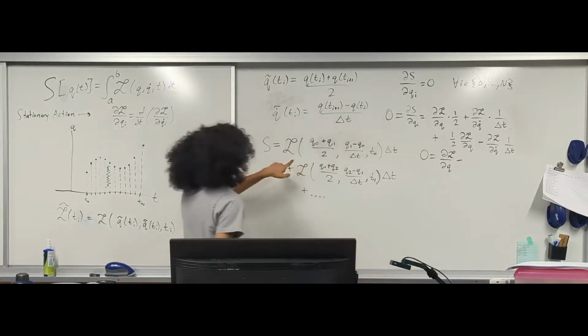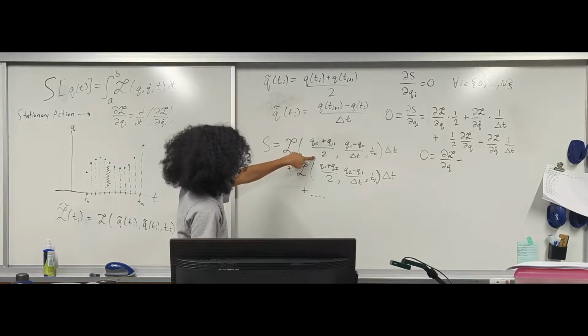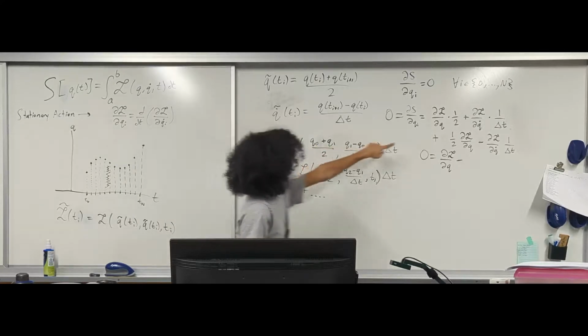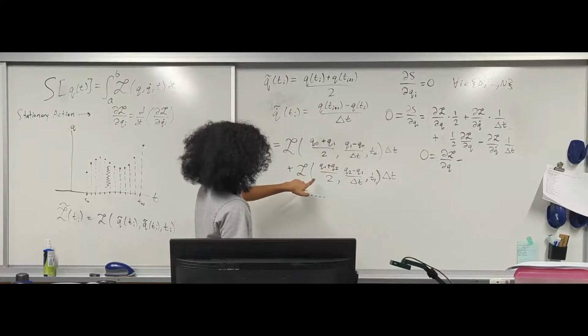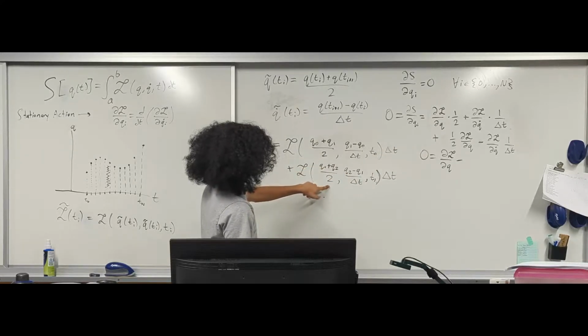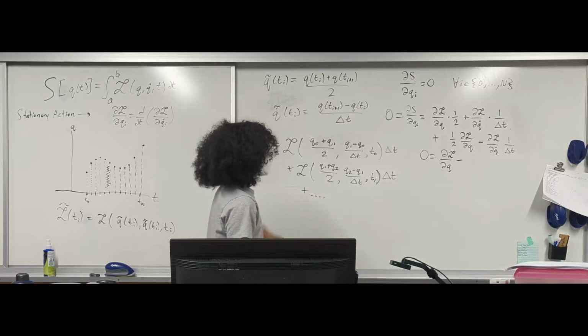Right, this is dL by dq at this average position, the first one, and this is dL by dq at this position for the second one.